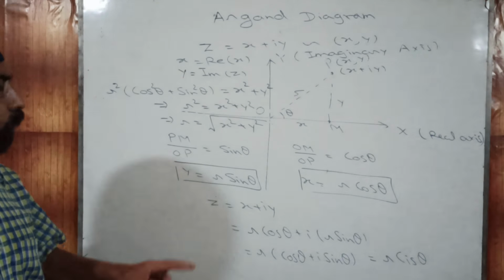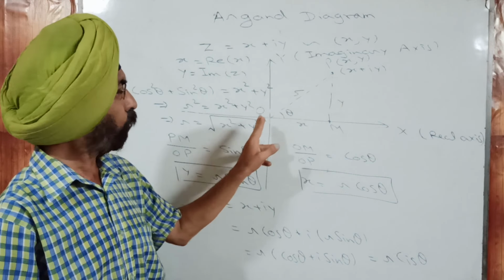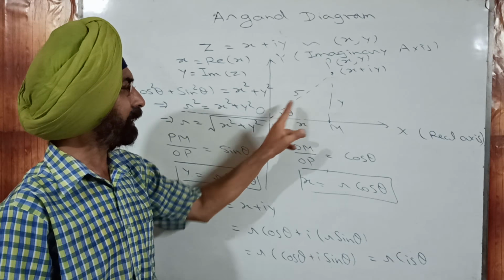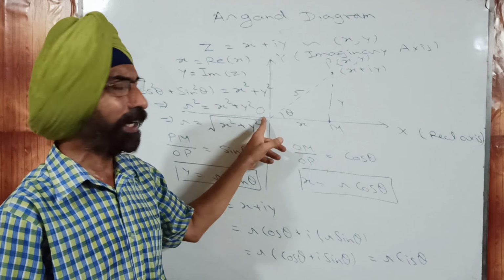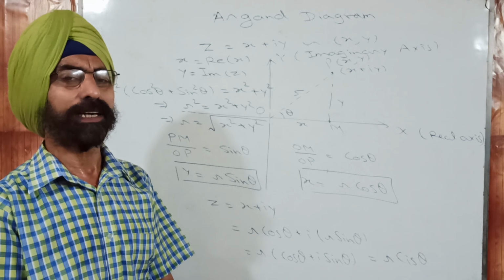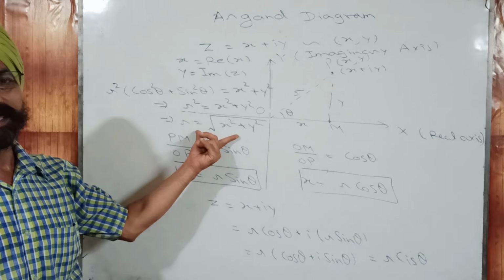And this we also know that r is the distance of the point O from P. O is the origin 0, 0 and P is the point x, y. So what will be the distance between O and P? It will be the square root of x minus 0 whole square plus y minus 0 whole square. That means under root x square plus y square, which we once again obtained here.